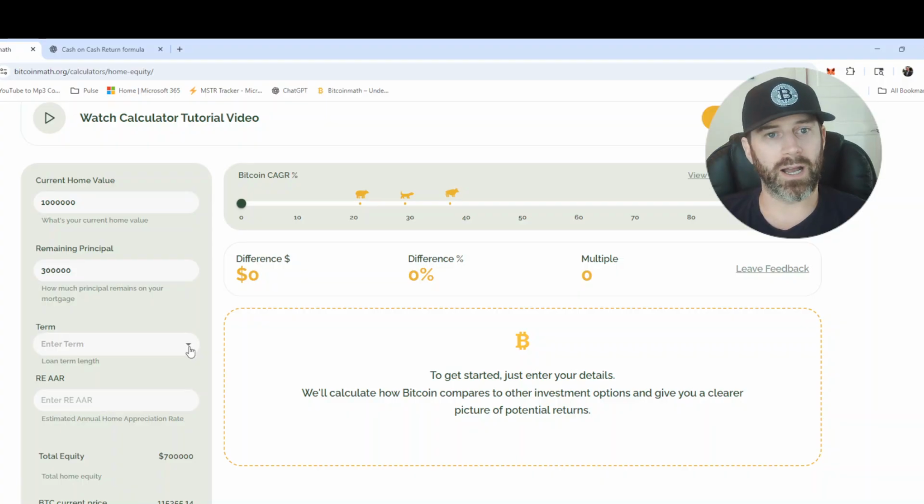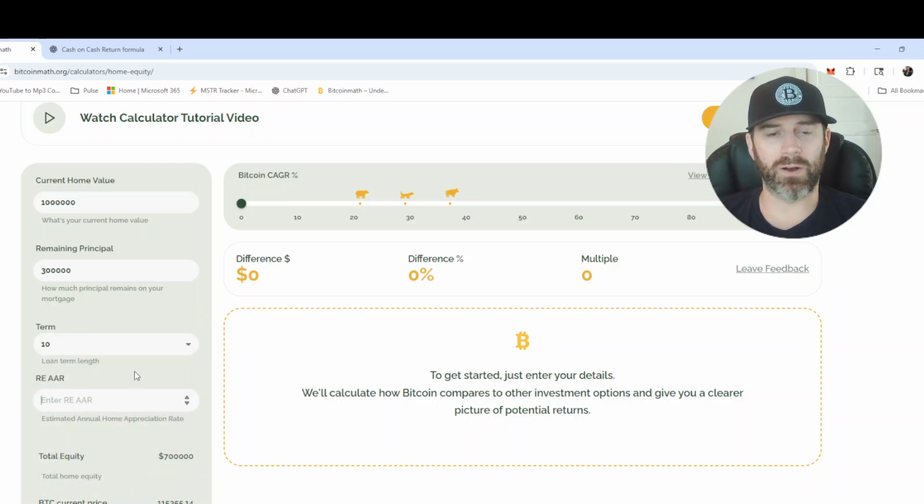But at the same time, that also means your Bitcoin is further appreciating. So the math tends to even out over longer terms if you are bullish on what Bitcoin is going to do. If you are not bullish on what Bitcoin is going to do, this probably isn't a great solution for you. So I'm going to go ahead and say a 10-year term.